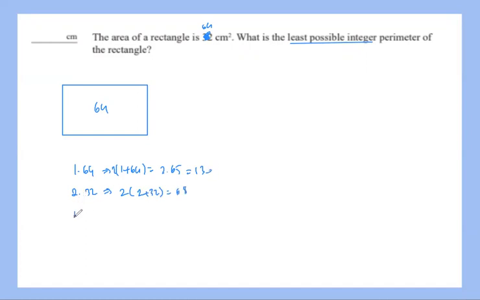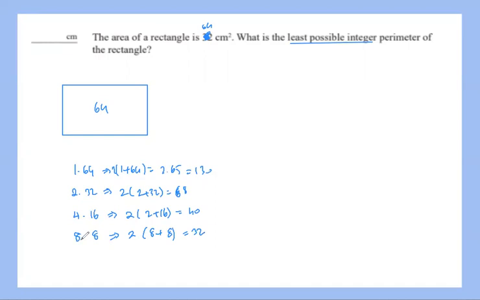Then with 4 and 16, that should be 2 times 20, that's 40. As you see, the numbers are getting smaller when the sides get close to each other. If I go with 8 and 8, that will be 2 times 16, which is 32. So when the numbers are close to each other, the perimeter is the smallest.